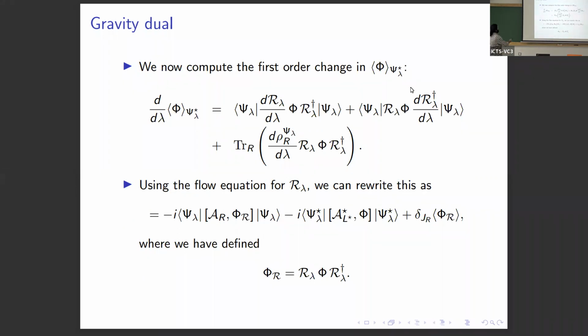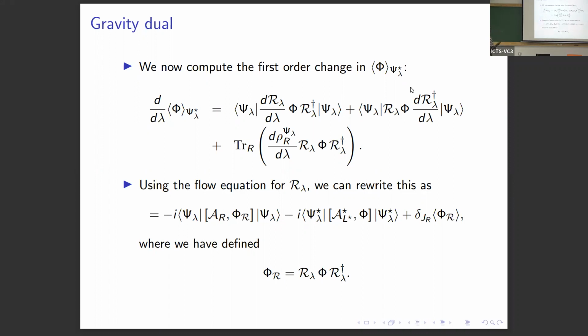So, you take a derivative of this equation, this left-hand side, and you get 3 terms. The derivative can either hit one of these reflection operators, or it can hit the state psi itself. So there are 3 terms, which I have rewritten using the formula for the flow equation for the reflection operator, like so. Now, this is in terms of these modular Berry connections.